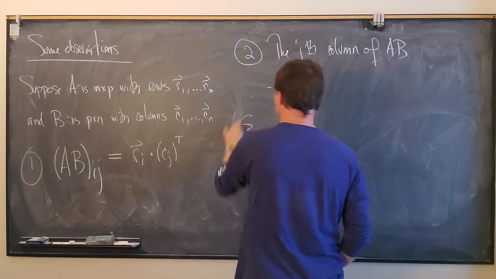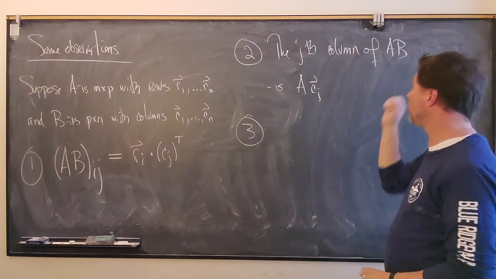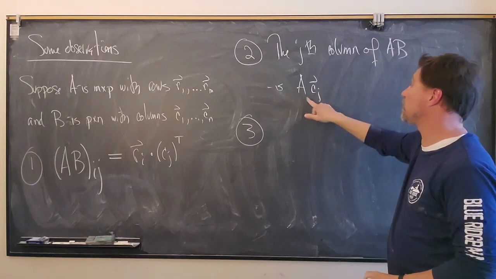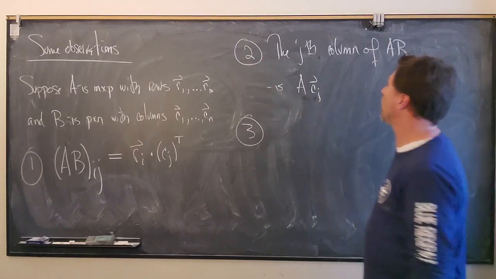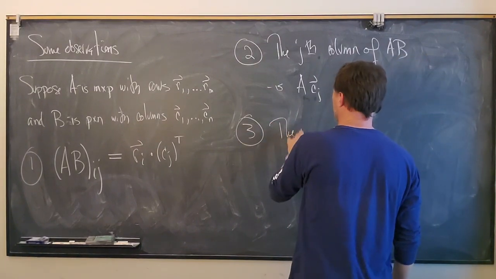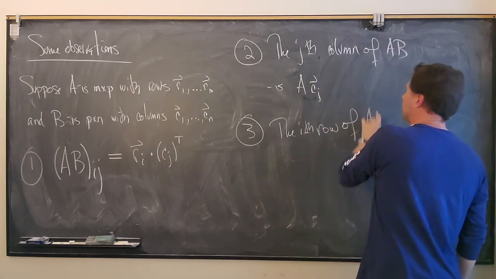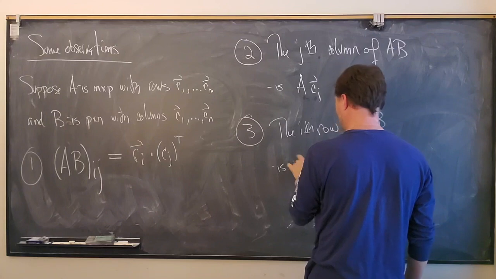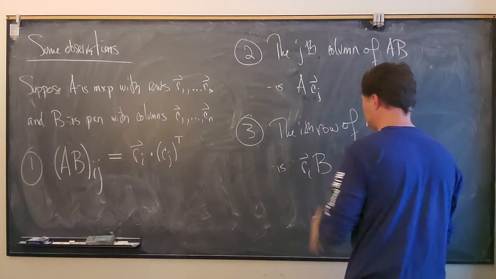This is another way to think about how to find the entries of A times B. You can do it column by column. The jth column can be found by doing A times C sub j. And the last fact: the ith row of A times B is R sub i times B. Did I write that right? Yeah, R sub i times B.